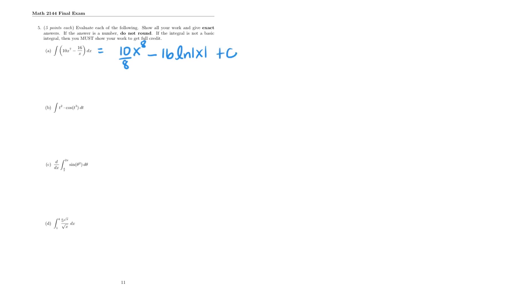Okay, for this next one, I'm going to need to do a u substitution because I can see that I have a composite function and the inside part is t cubed. So I'm going to let u equal t cubed. Then du is going to be 3t squared dt. So I can divide that by 3. I get 1/3 du is equal to t squared dt. So then I can rewrite my integral as cosine of t cubed times t squared dt.